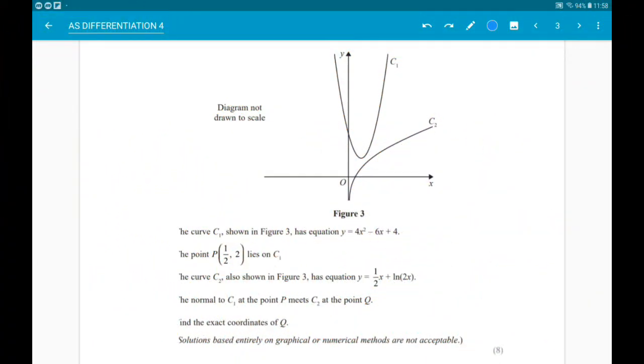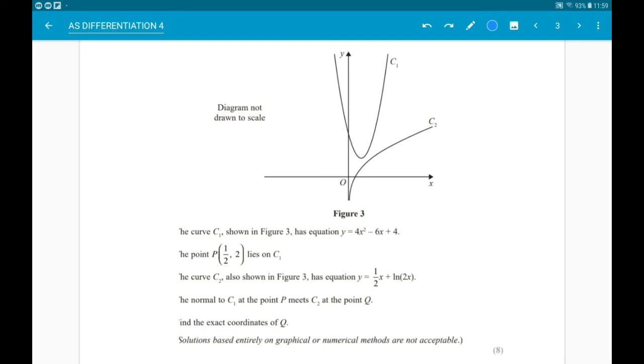Okay then, second question, quite a monster. So the curve C1 has equation y equals 4x squared minus 6x add 4. The point P, (1/2, 2), lies on C1. The curve C2 has equation y equals 1/2 x add log 2x.